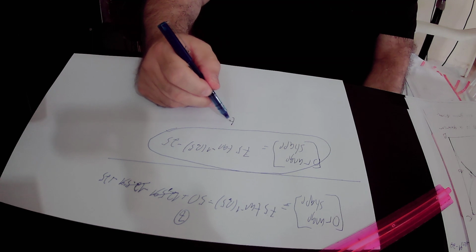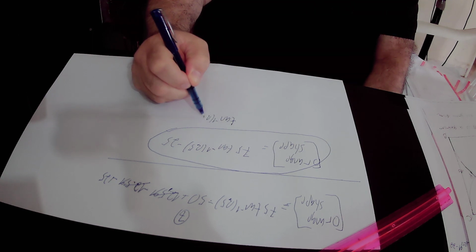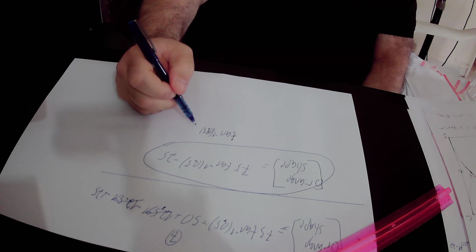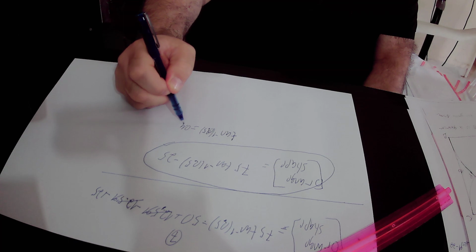You know that the value of tangent minus 1 of 0.5 is equal to 0.46.